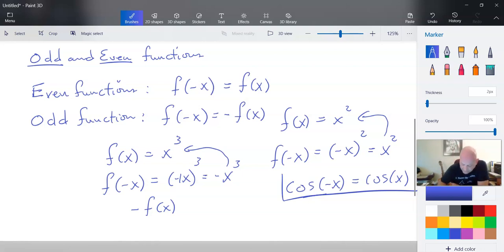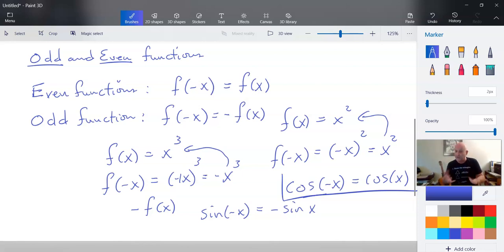The trig example of that is sine. Sine has the property that if I take sine of negative x, it's the same thing as the negative sine of x. So I can actually pull a negative through the function, right?